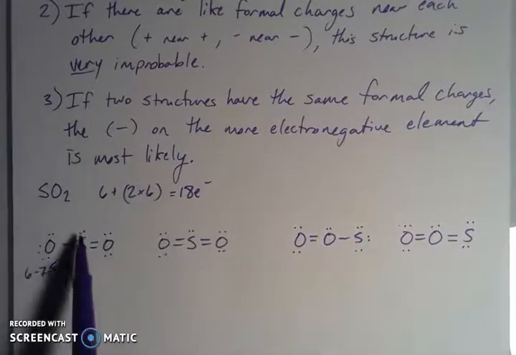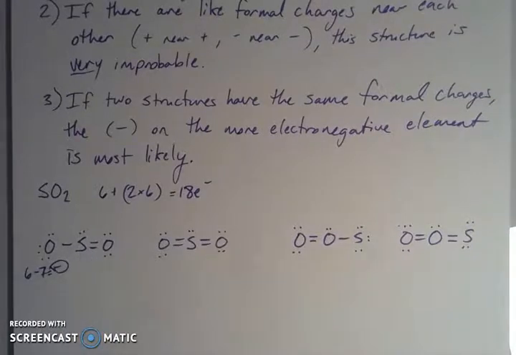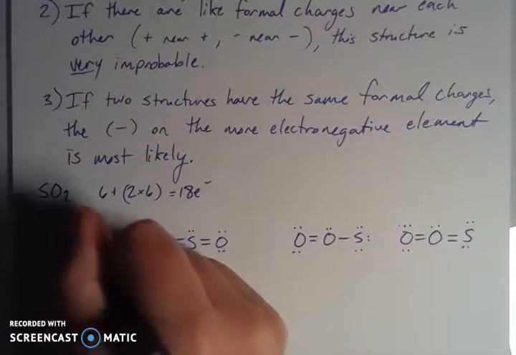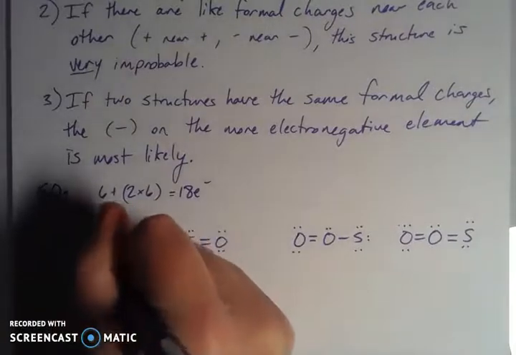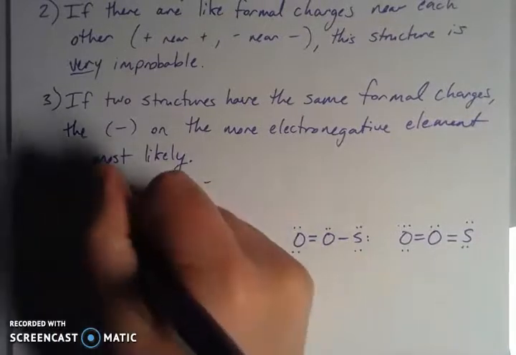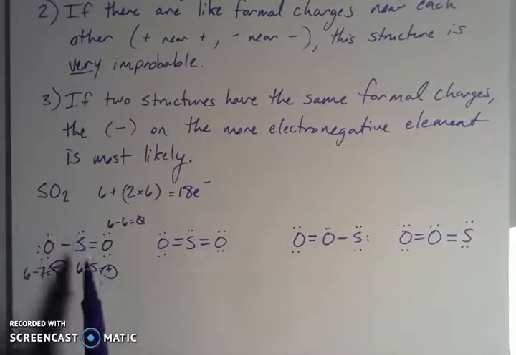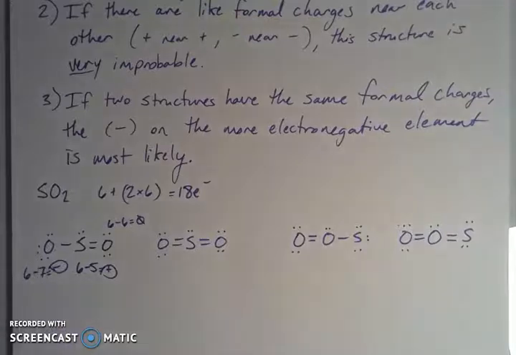My sulfur here has 1 pair, and then 1, 2, 3 from the bonds. So valence electron 6 only has 5, gives a net +1 charge. And then my oxygen here has 6, wants 6, so it has a net 0. So we have a formal charge of a +1 on the sulfur, -1 on the oxygen.